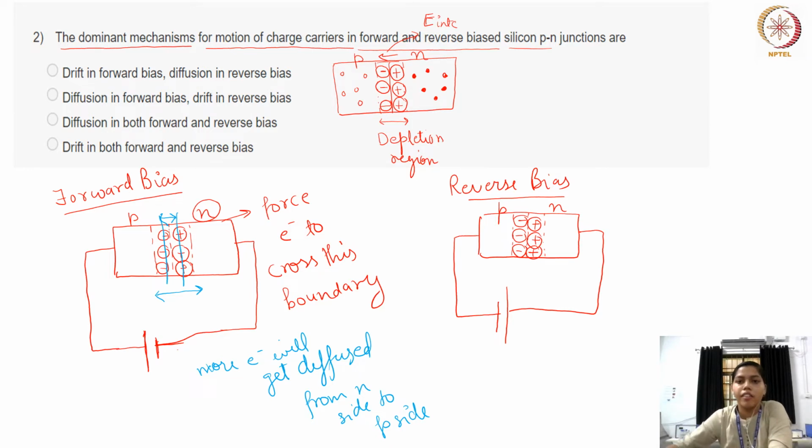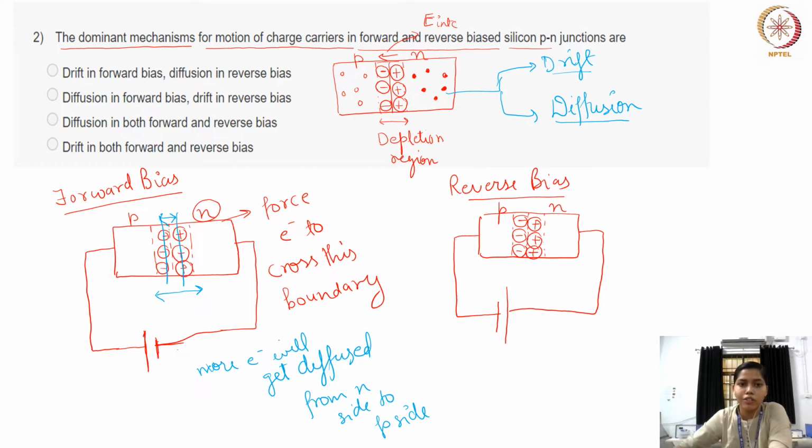Whenever you are talking about any PN junction, there are two things. One is the drift motion and the second one is diffusion. In any case, whether you are talking about forward or reverse bias, if one is more prominent than the other, the other one will have a lesser effect on the contribution to the motion of charge carriers.